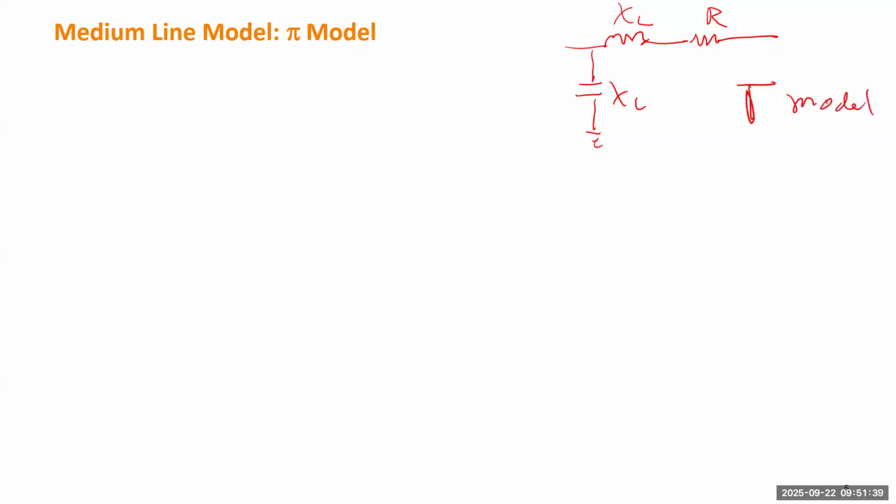But there's some drawback with this gamma model. It's not very symmetric because we assume the capacitance is all connected directly with the source. That will introduce some error. So a better model is to split the capacitance into two equal halves.